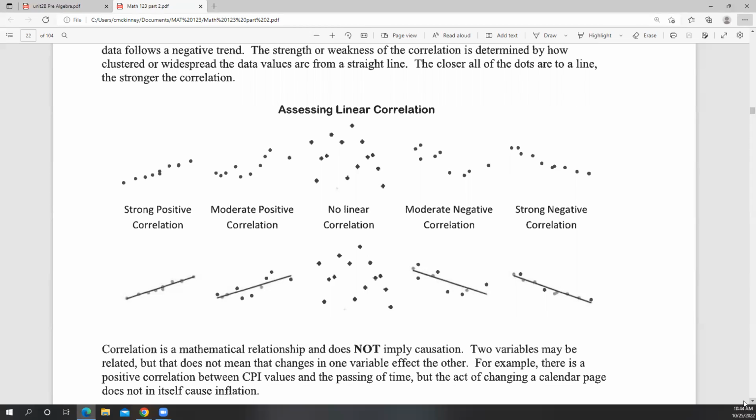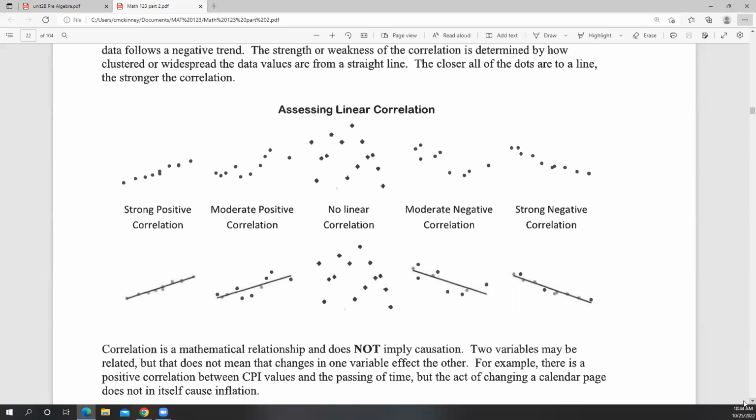Just because as one thing's increasing, the other one is also increasing, does not necessarily mean it's causing it, all right? So you see this in social sciences all the time. It could be that there's a correlation between income level and smoking rate.